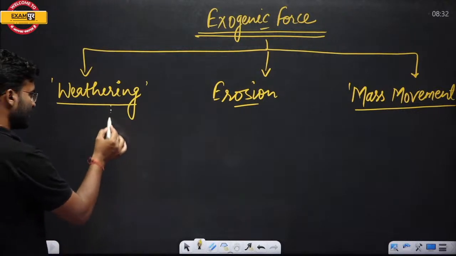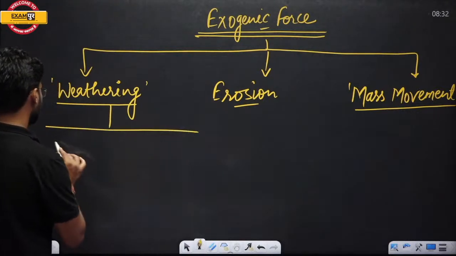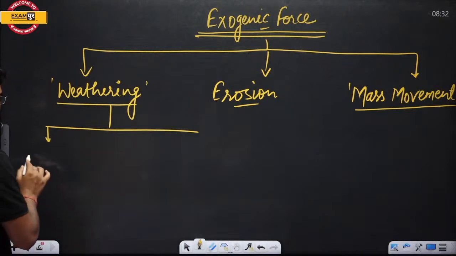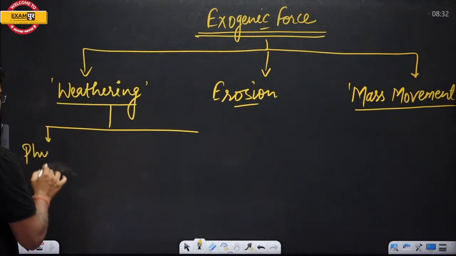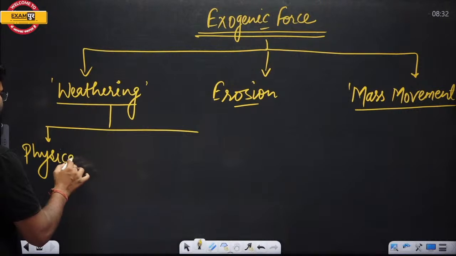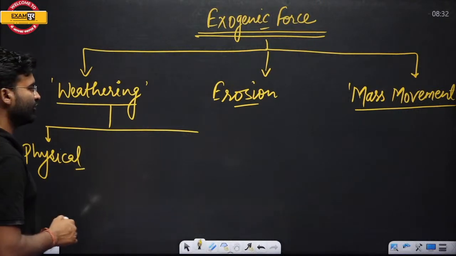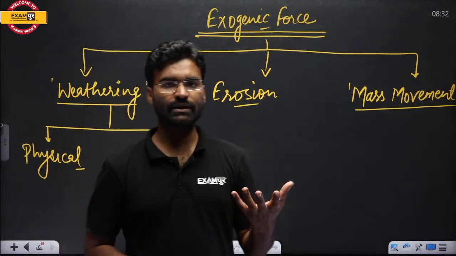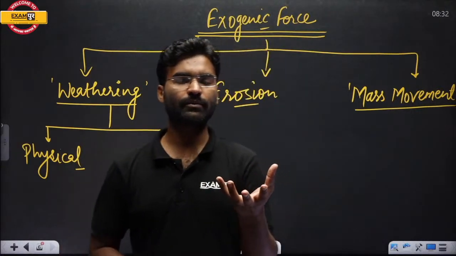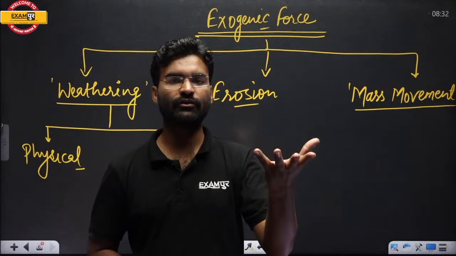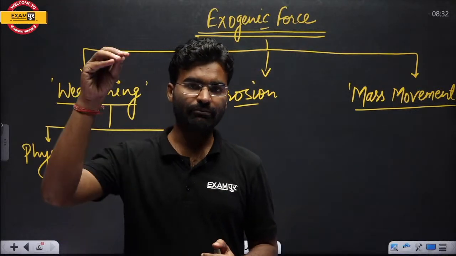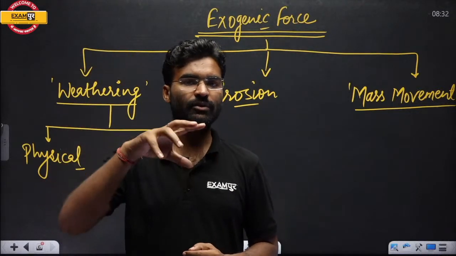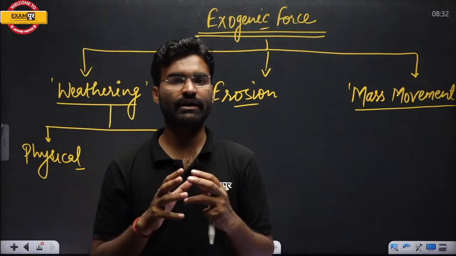Weathering can further be categorized into three parts. Some weathering happens due to physical factors. For example, if a rock is in the open, in bare condition, and due to sunlight its temperature increases, the rock will expand. During the night or winter, the temperature of the rock decreases.